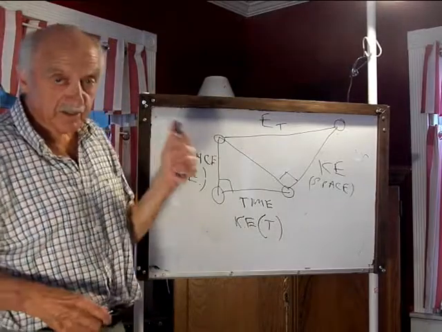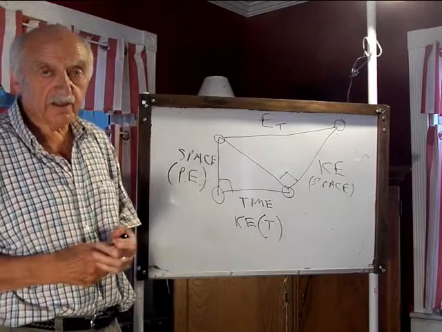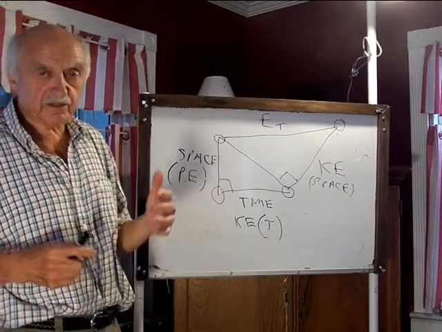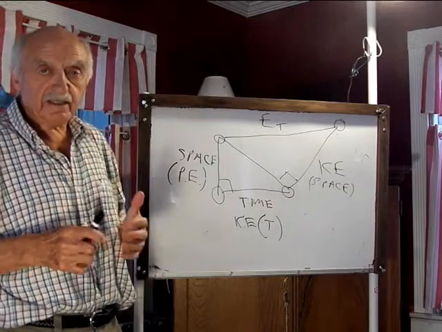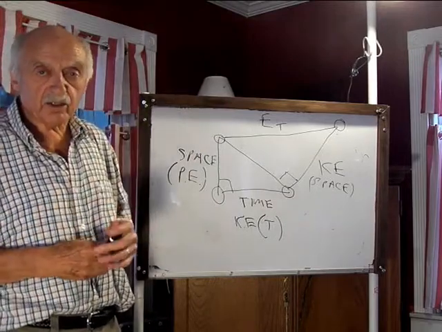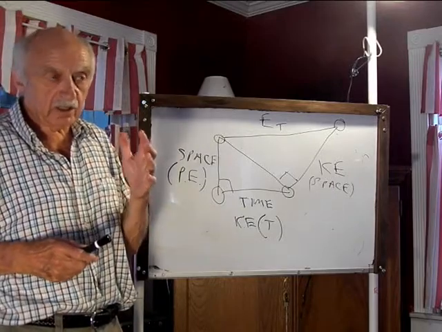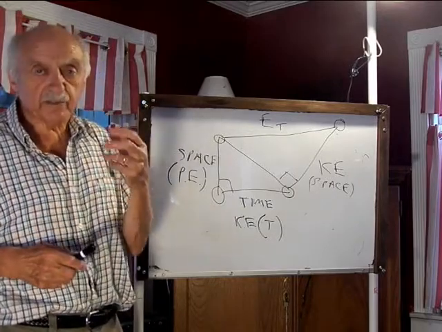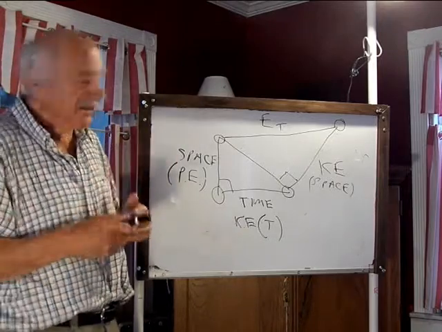We only need 1 space dimension because with gravity we're not concerned about the 3 dimensions of space. The separation between the Earth and the Moon and the Earth and the Sun is a straight line. Don't worry about the 3 dimensions of space. The space contribution to the energy in terms of potential energy is the direct line space.